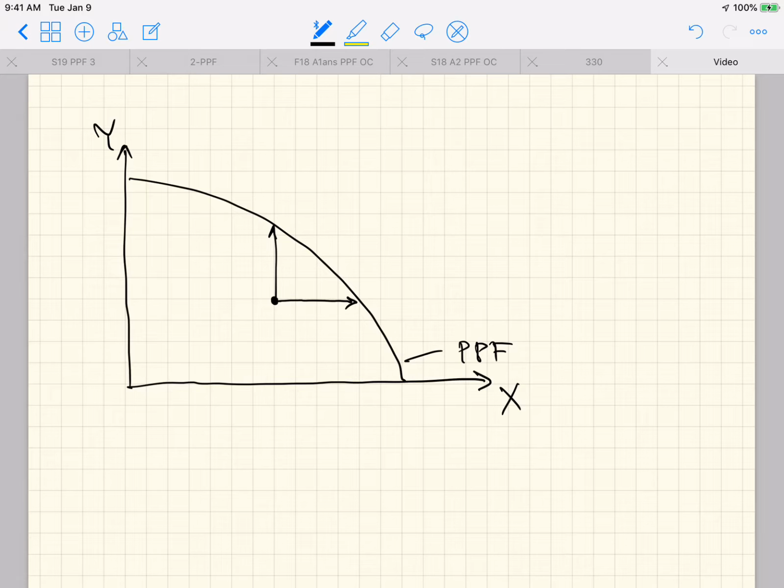So from being at this point, you know that in fact you can increase consumption and production of good X, or you can increase production of good Y, or you can increase production of both. So simply put, any point below the PPF is inefficient or inferior to whatever we can get on the PPF itself. And basically that means that we want to stick to PPF because we cannot be above and we don't want to be below.